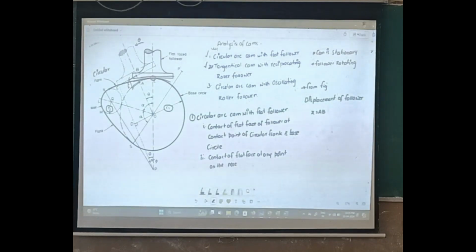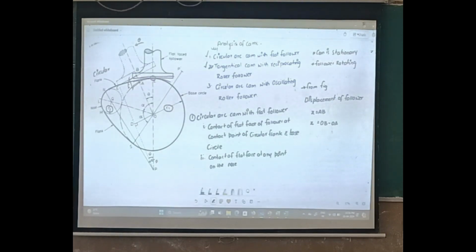So this AB we can write as OB minus OA. AB can be written as OB minus OA. Okay, so this we call as displacement of the follower.